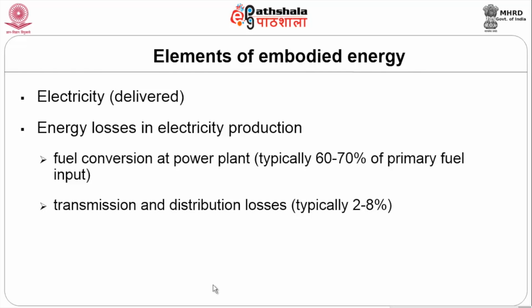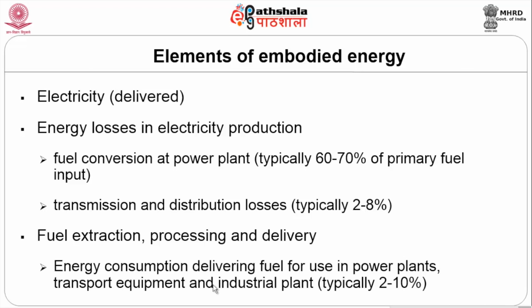The electricity which is delivered to the site and the losses in terms of the production, like fuel conversion at the power plant: nearly 60 to 70% of the primary fuel can only be utilized, and the other 40% to 30% goes as waste. And transmission and distribution losses, as they call them in the electrical system, come to about 2 to 8% generally in terms of production.